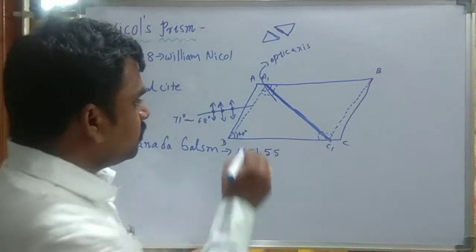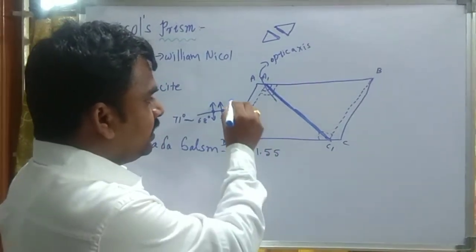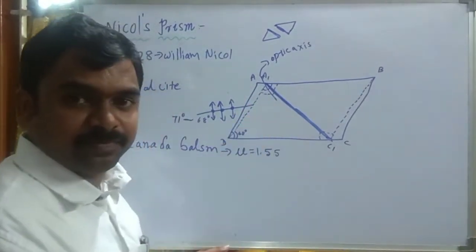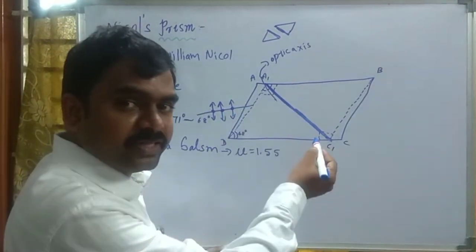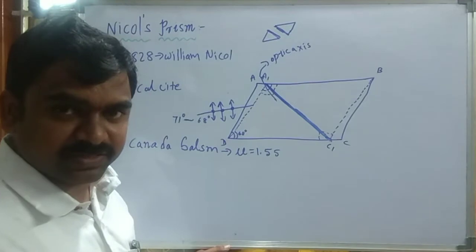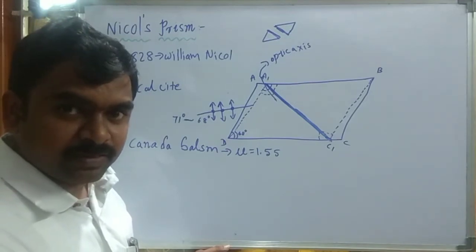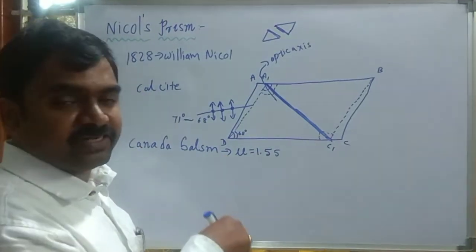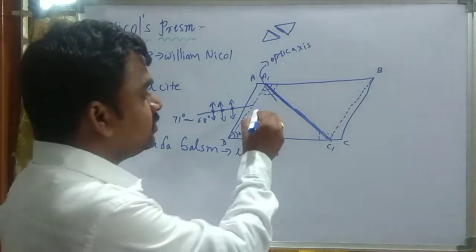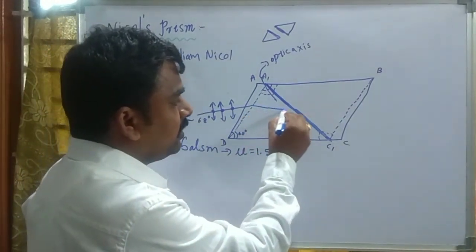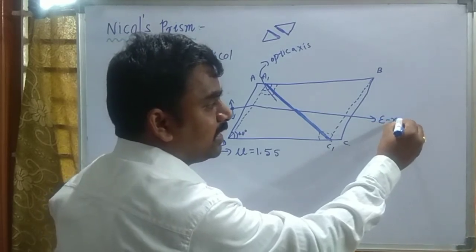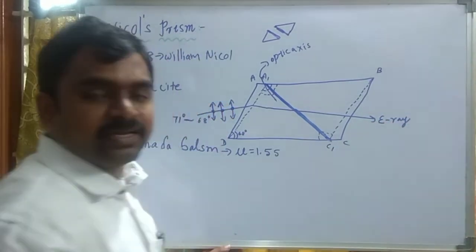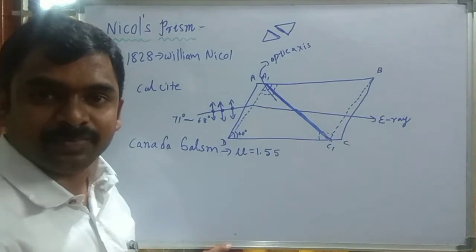Now here it is one medium and here another medium. We know that when light rays travel from one medium to the other, refraction takes place. In this case refraction takes place, but here the ray is divided into two rays. One ray is called the extraordinary ray, the E ray.